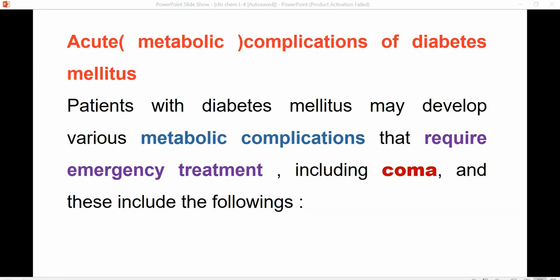These complications require a rapid response in order to correct the metabolic abnormalities in those patients.